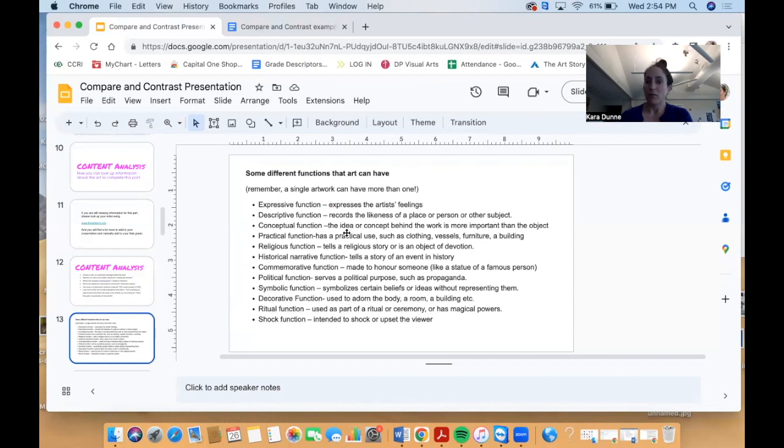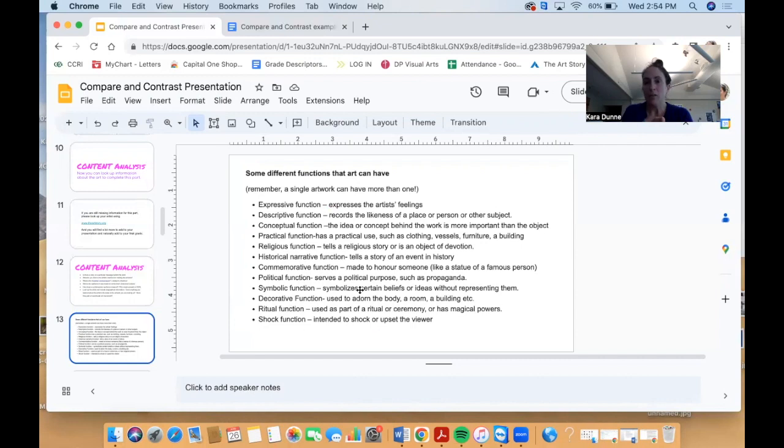They could have a practical function. It could be a cup that you can drink out of. It has a practical function. I can drink out of this cup. But maybe it has a symbolic function because it symbolizes certain beliefs or ideas without representing them. Maybe it's a cup that is used for a particular ceremony or a particular culture.